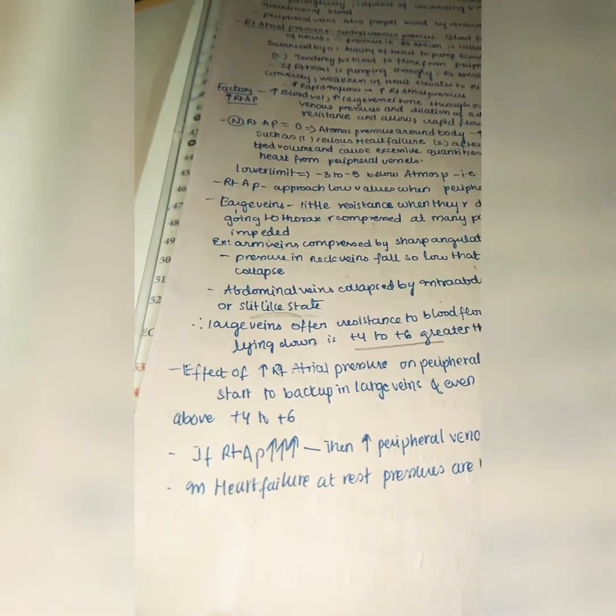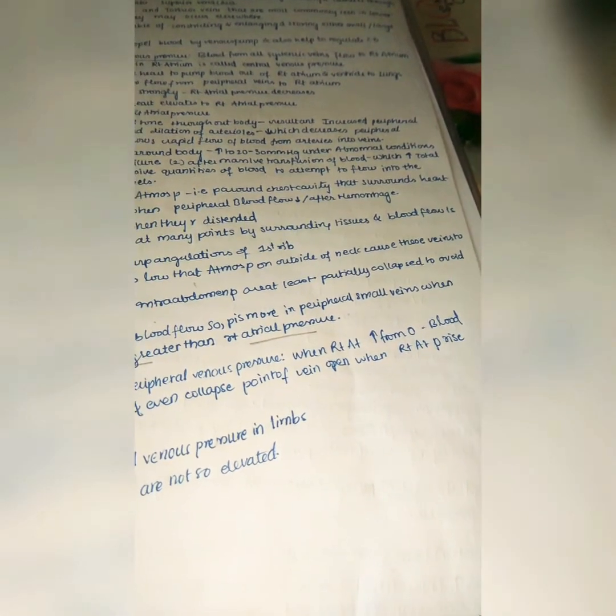So next, the effect of increase in right atrial pressure on peripheral venous pressure. Let us see, if right atrial pressure increases, how it affects the peripheral venous pressure. When the right atrial pressure increases from 0, because we know it's normally 0, the blood starts to back up in the veins, because the pressure is increasing and the tricuspid valve is closed, so the blood goes back into the large veins and even collapses the point of vein opening when the right atrial pressure rises above +4 to +6.